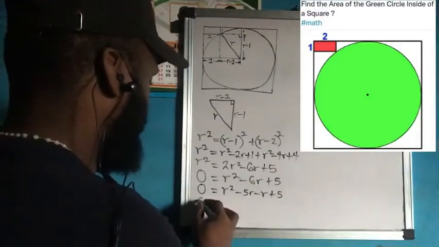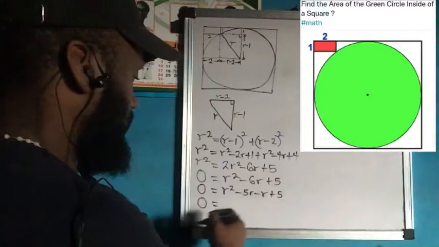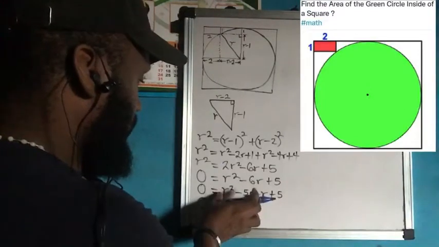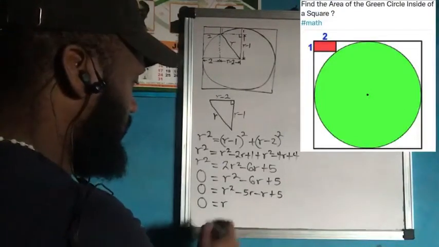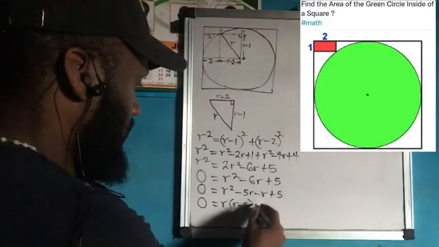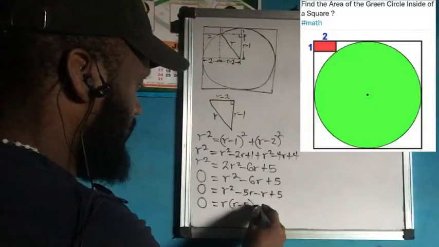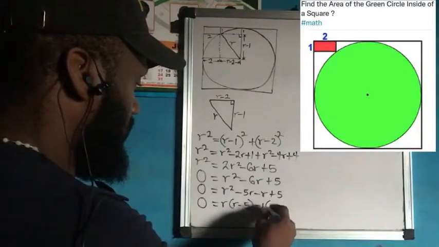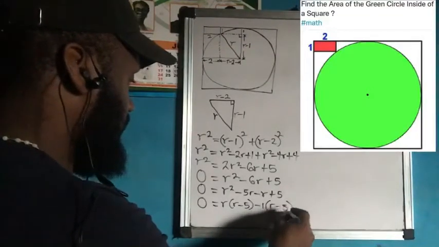So pairing them up, we'll have r times r minus 5, then minus 1 times r minus 5.